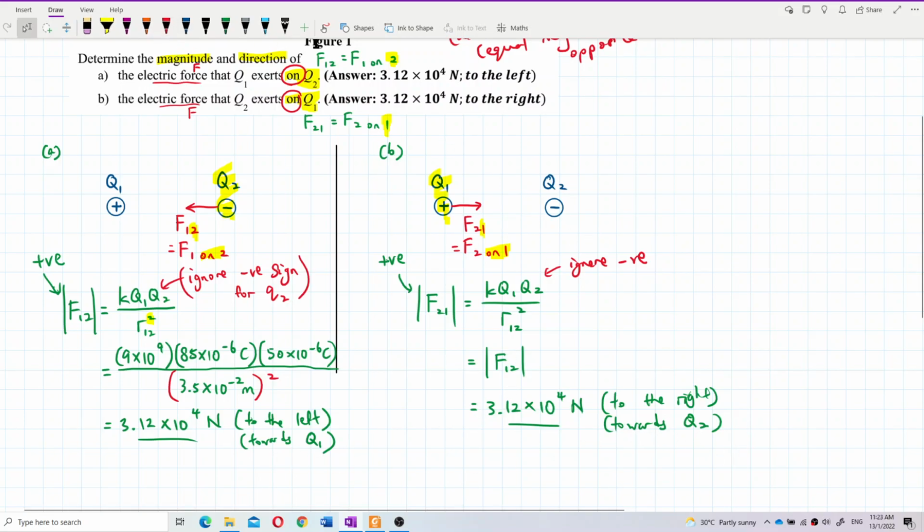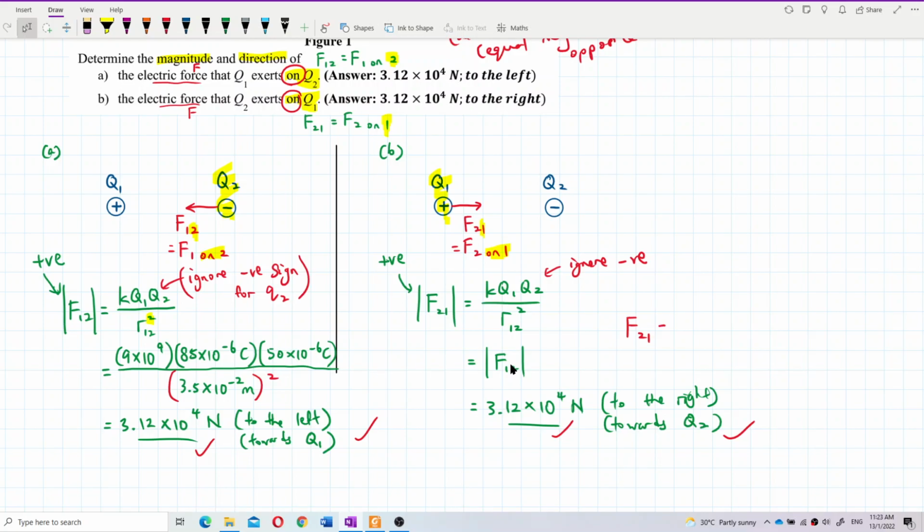Let's mark our answer. 3.12 exponent 4. Yes. This one is to the left, and this one is the same magnitude to the right. Both are correct, the magnitude and direction. Anyway, I can write F21 and F12, both of them are action reaction forces, equal in magnitude but opposite in direction.